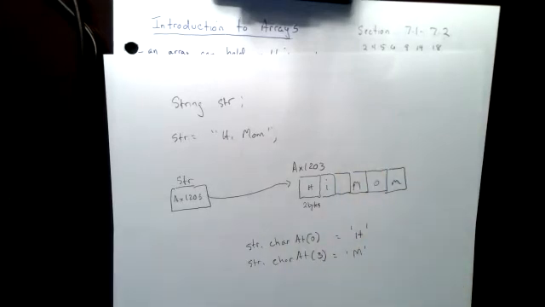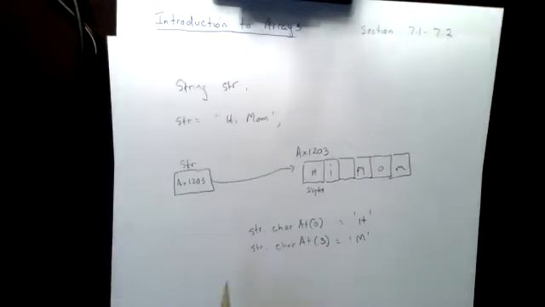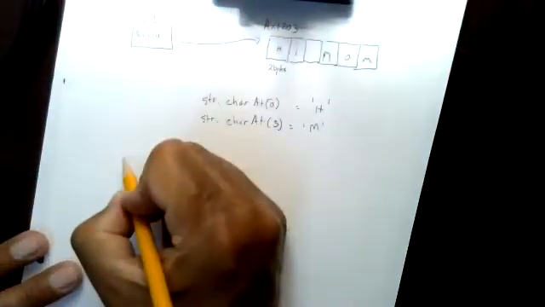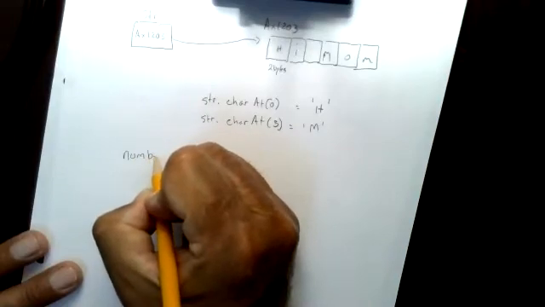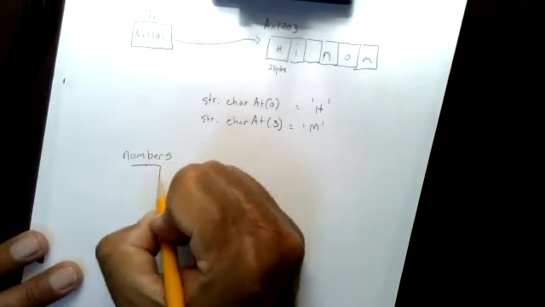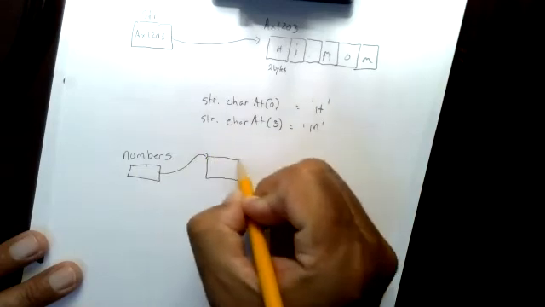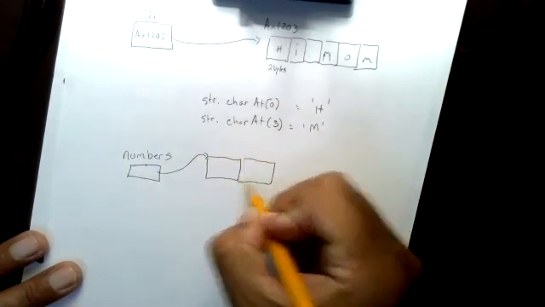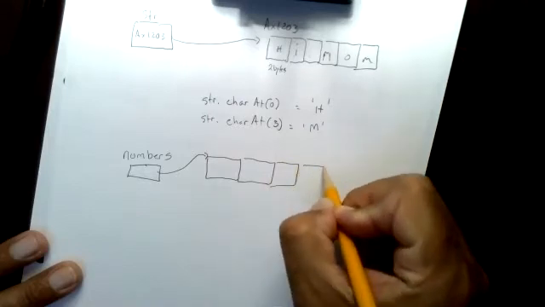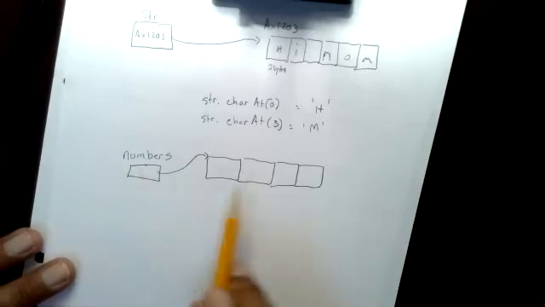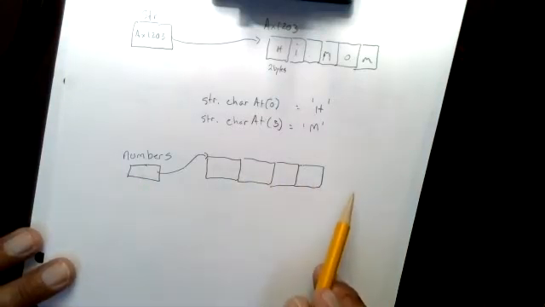So if I said I want to store an array of integers, and I gave the array name numbers when I declared it, numbers is going to be a memory address that's going to take me over to the starting location, and I'm going to be looking for a way to store whatever size I declare this array, that many numbers side by side.